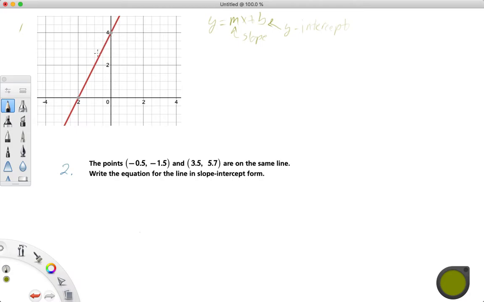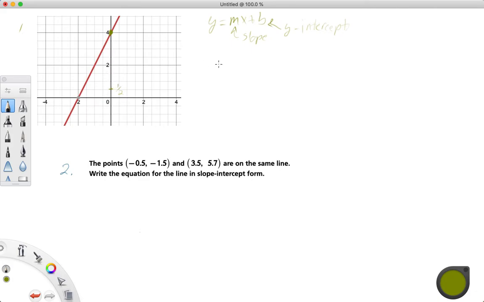And for this one, it's pretty easy. We have our y-intercept already figured out for us, and then we just need to figure out our slope. And you'll notice that these are actually halves. Okay, so don't count them like 1, 2, 3, 4, because that could mess you up.